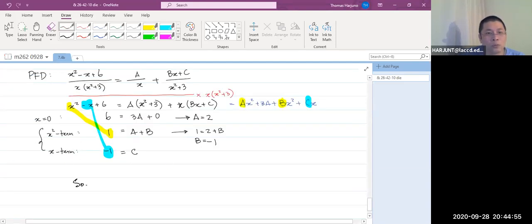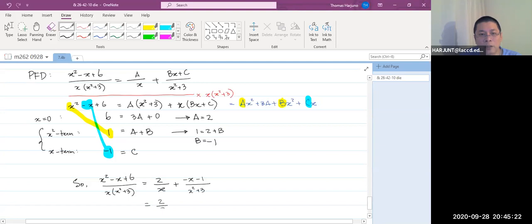So (x squared minus x plus 6) over x times (x squared plus 3) is equal to 2 over x plus, actually, (negative x minus 1) over (x squared plus 3). Or we can say that's 2 over x minus (x plus 1) over (x squared plus 3).